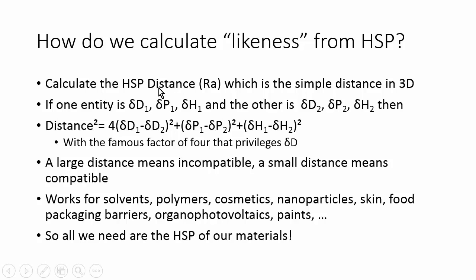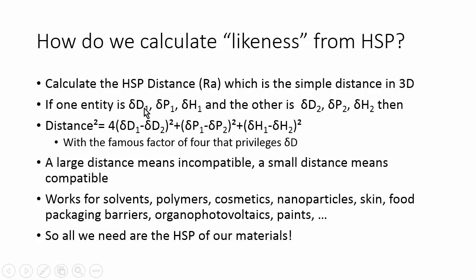We calculate the distance, the HSP distance, sometimes called Ra, which is the simple distance in 3D. So if one entity, say the polymer, has D1, P1, H1, and the other, say the solvent, is D2, P2, H2, then the distance squared is the sum of the squares of the differences in dD, dP, and dH, with a famous factor of 4, which privileges the dD values.